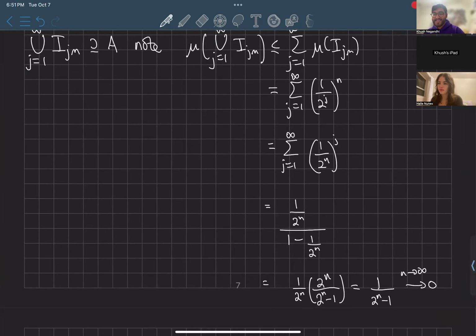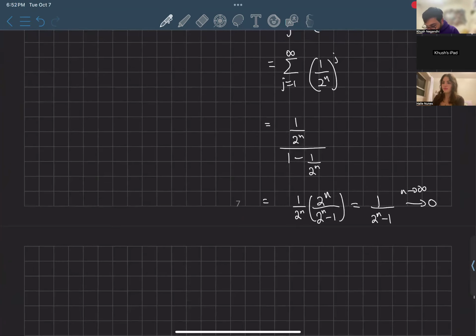Because measures are non-negative, they can be 0, but they can't be negative. So what this means is that the measure of A is equal to 0, right? This means that countable sets have measure zero. This actually gives you a proof that the real numbers have to be uncountable.